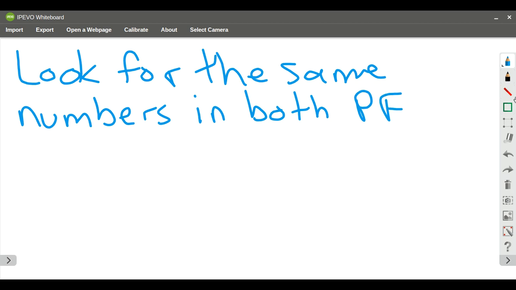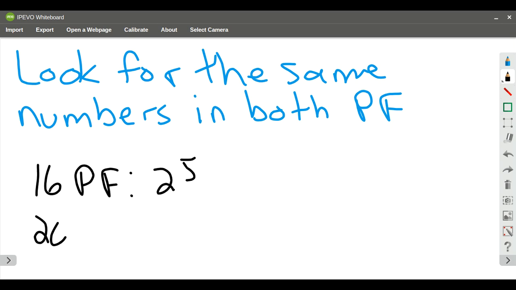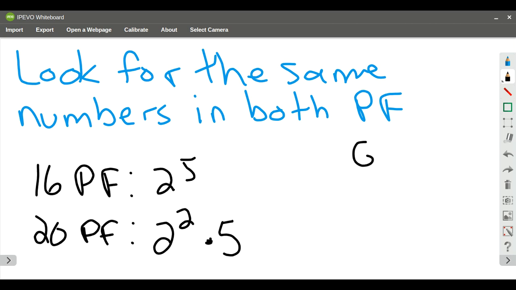So 16's prime factorization was 2 to the 5th power. 20's prime factorization was 2 to the 2nd power times 5. The value that they have in common is the 2. My GCF, however, is not going to be 2. So I look for the same numbers in both prime factorizations.